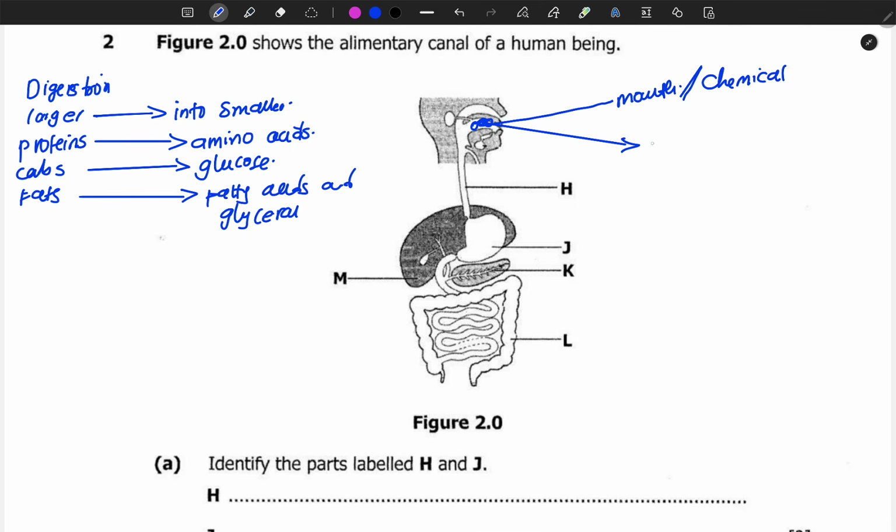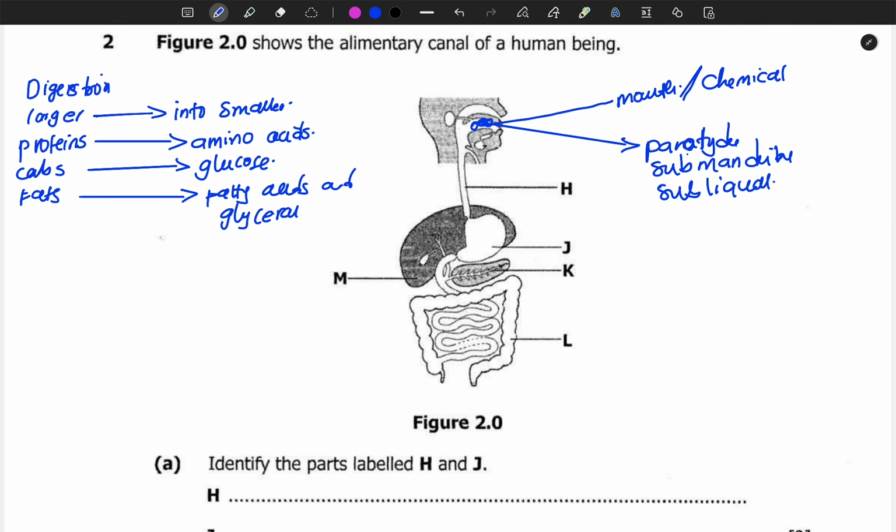We have parotid, number 2, we have submandibular, then we also have sublingual. All these 3 glands are responsible for secretion of saliva.